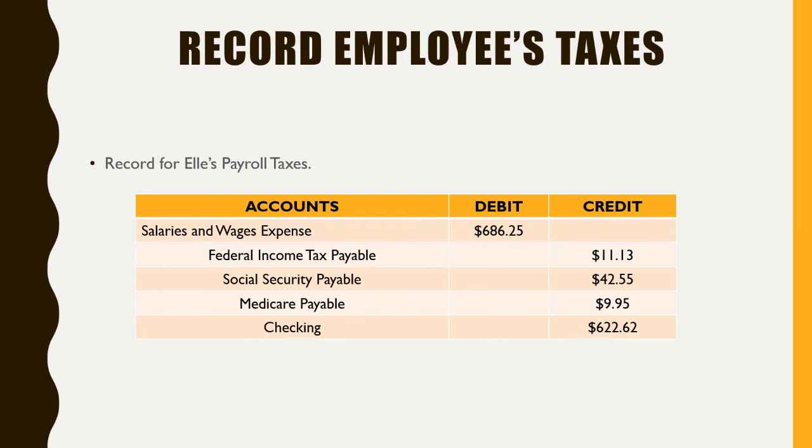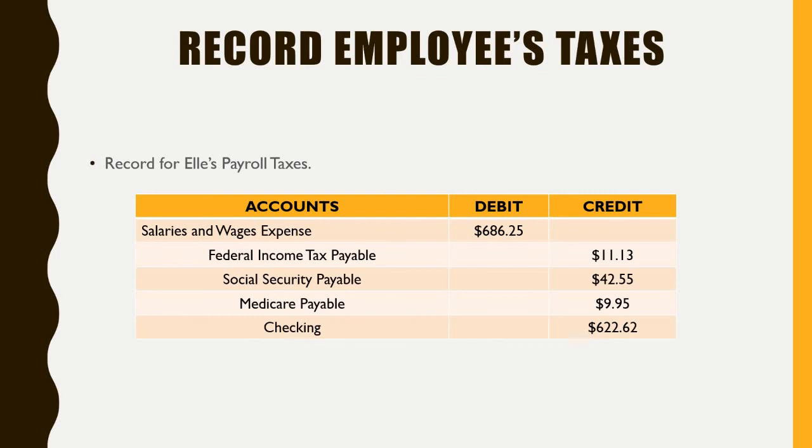Because this is your responsibility, and it's the employee's responsibility to pay into their taxes. So what they're telling you is, hey, since I'm working for you, the least you could do for me is pay my taxes for me and just give me my check with all the deductions taken out. Okay? So that's exactly what this is here.